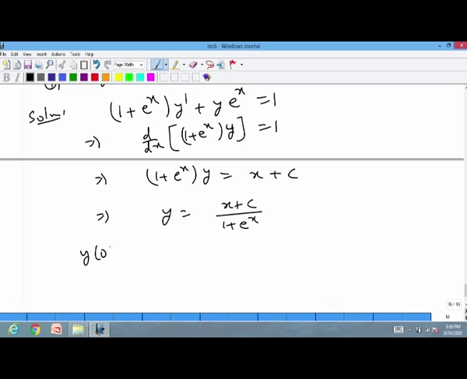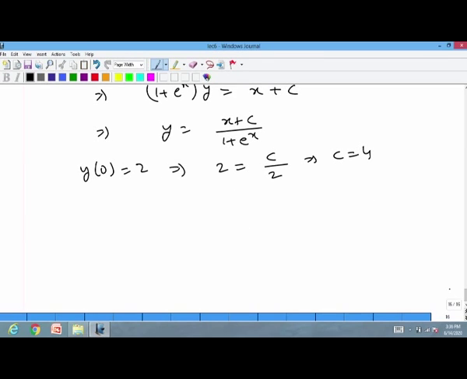Now, given y(0) = 2, 2 = c/2, so c = 4. Therefore, y = (x + 4) / (1 + e^x).